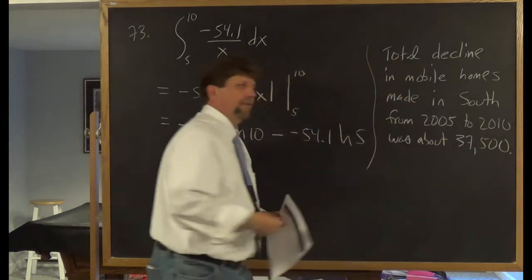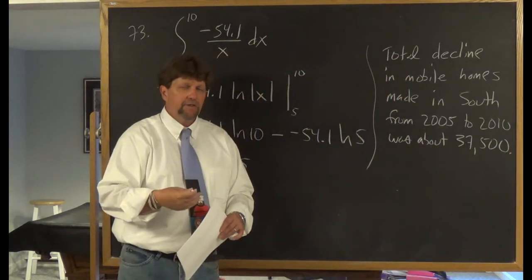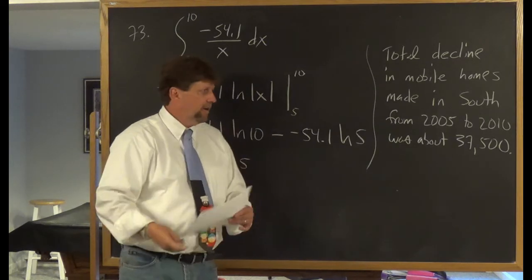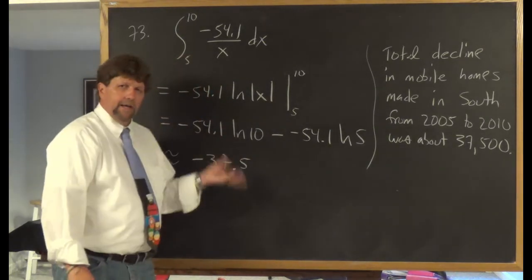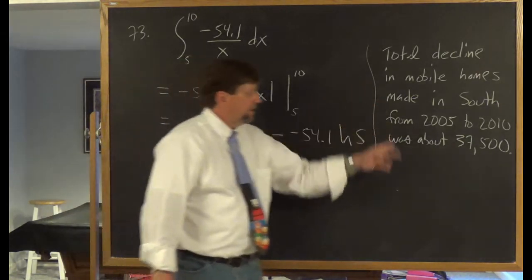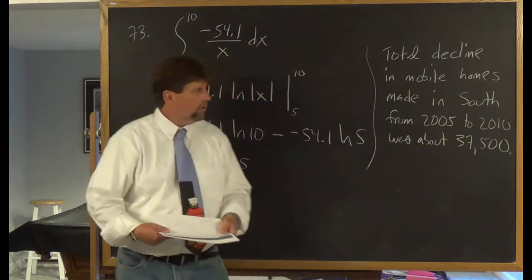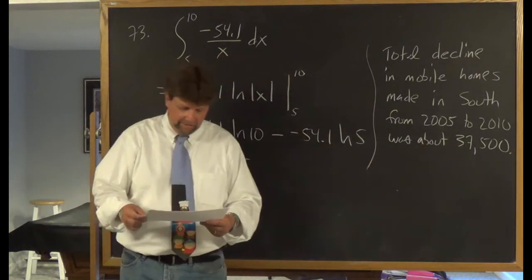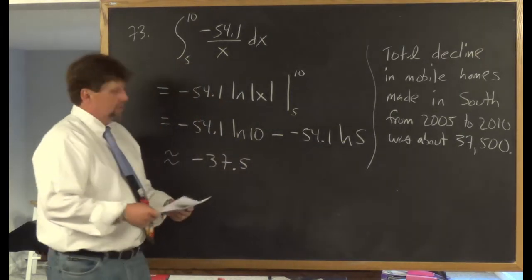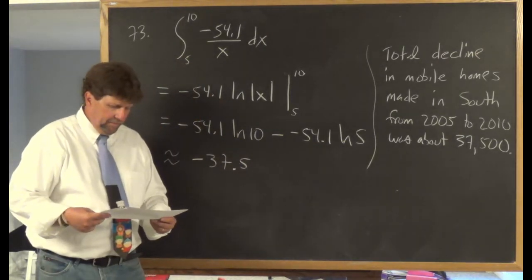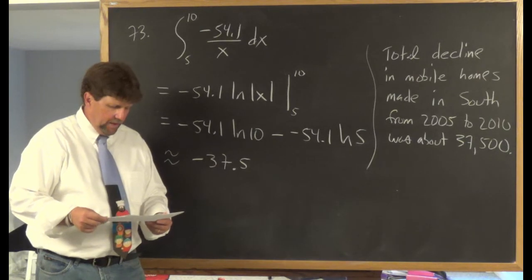So remember your rate function, the function you were given, it was thousands per year. So that means this number, I convert it to thousands to get the total decline of about 37,500. So hopefully you got 73 part B.